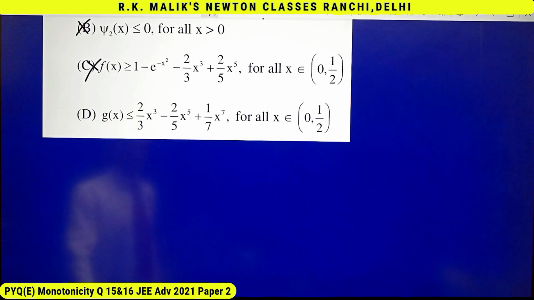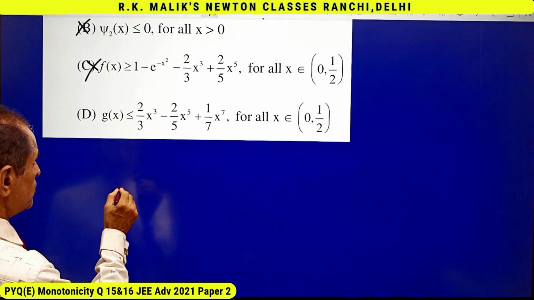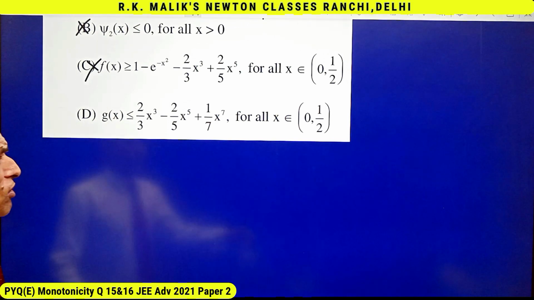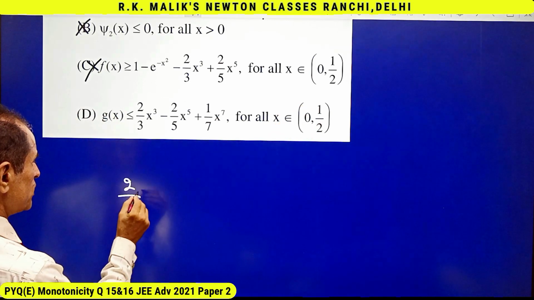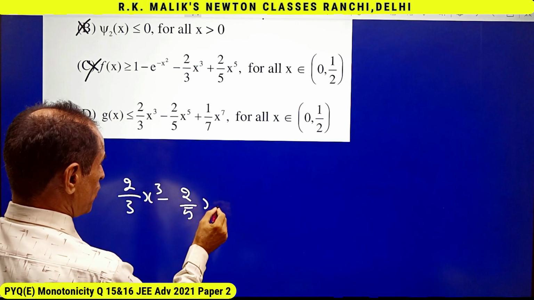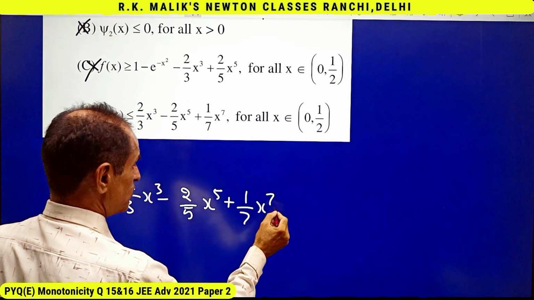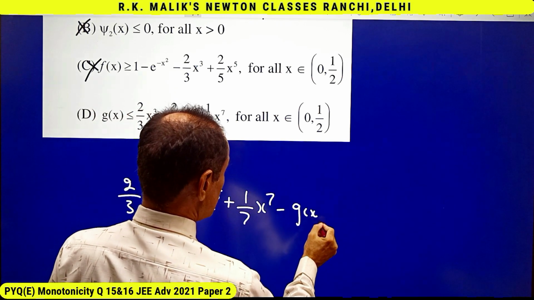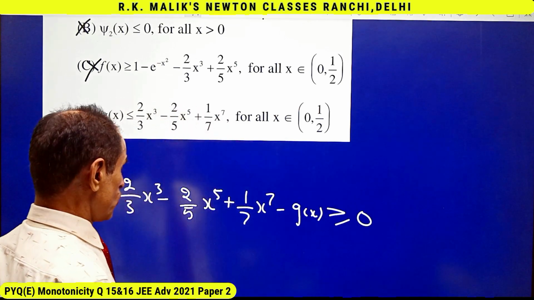But still, for clarity purpose, I will check the choice D also. To check this means I have to check, for these values of x, whether 2 by 3 x cube minus 2 by 5 x power 5 plus 1 by 7 x power 7 minus gx is greater than or equal to 0 or not.